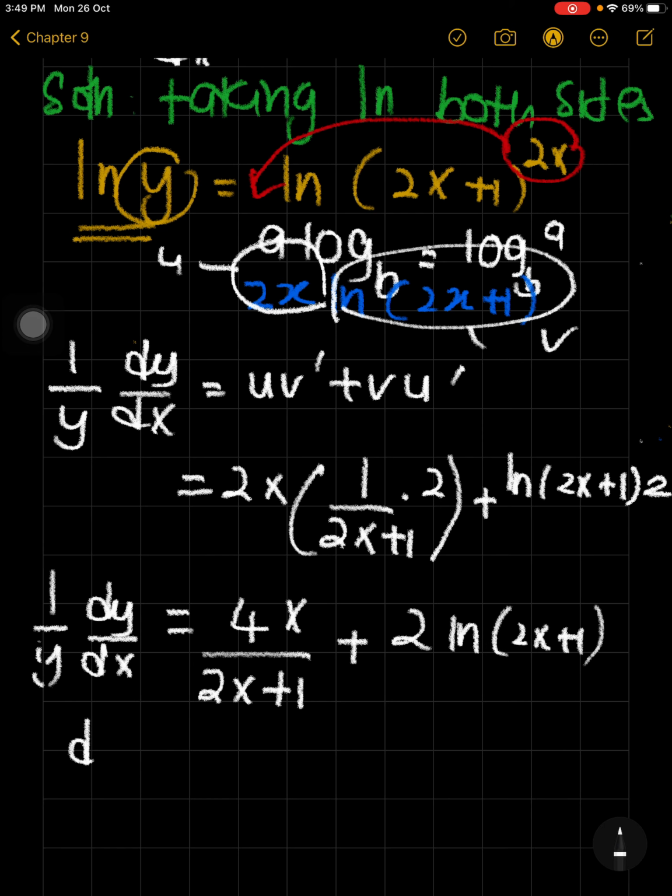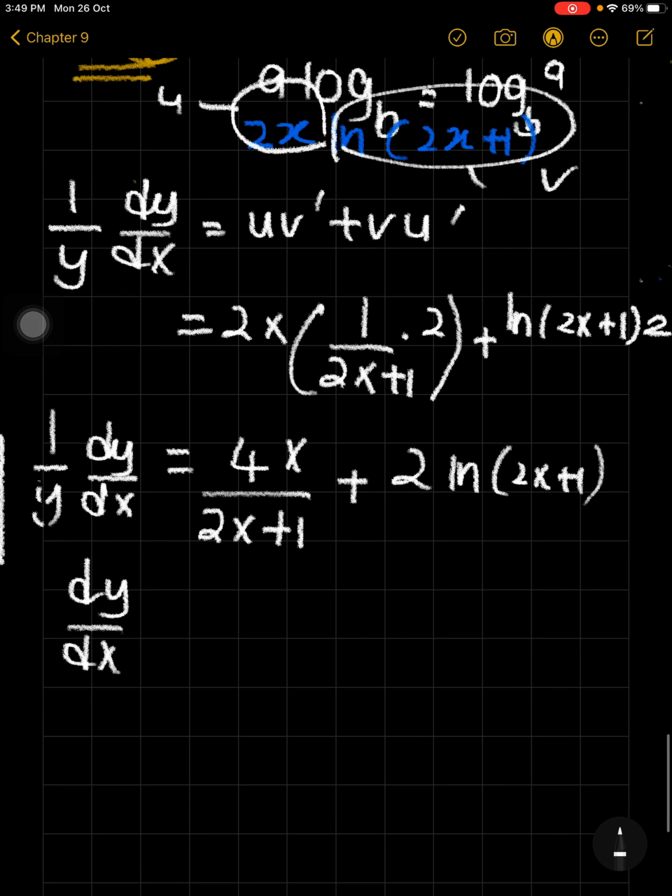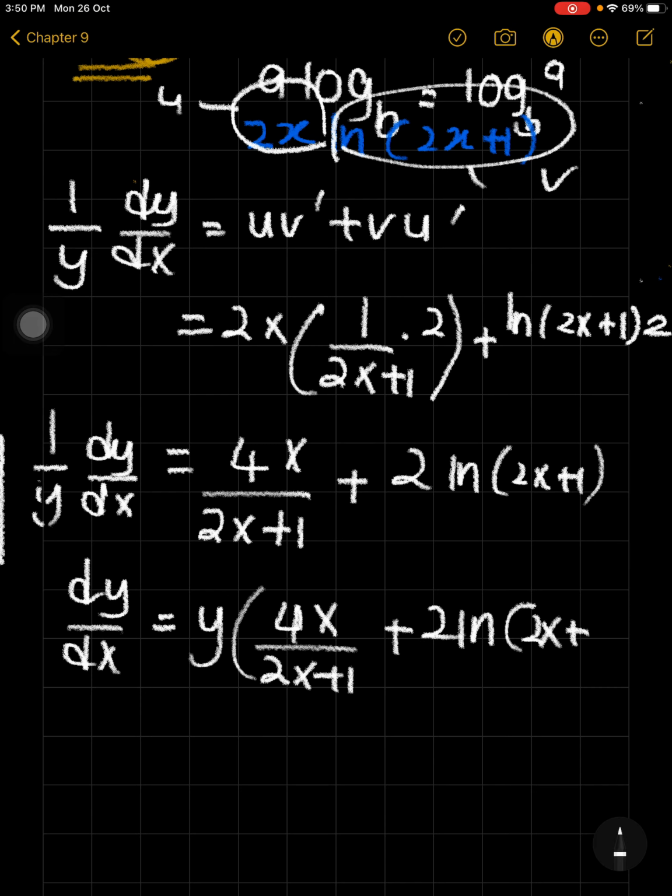And then jadikan dy dx as a subject. You move y to around. Okay, so bila you move around y, okay, sebab soalan kita in term of dy dx, so y ni sekejap lagi you kena tukar balik in term of x. So bila you darab y, so you punya equation ni 4x over (2x plus 1) plus 2 ln (2x plus 1).